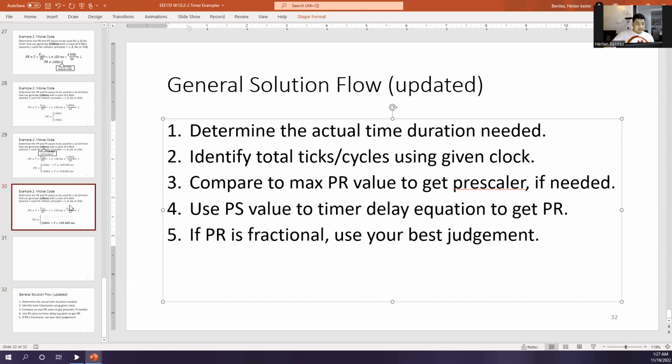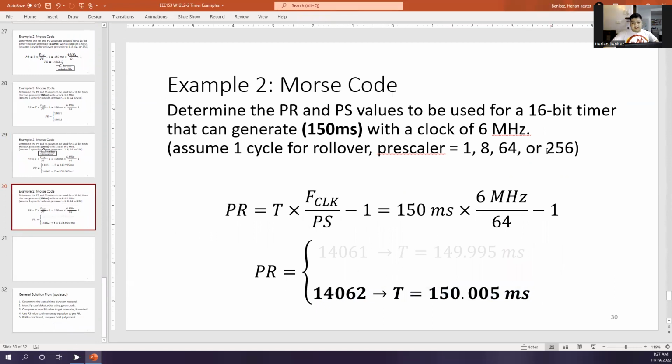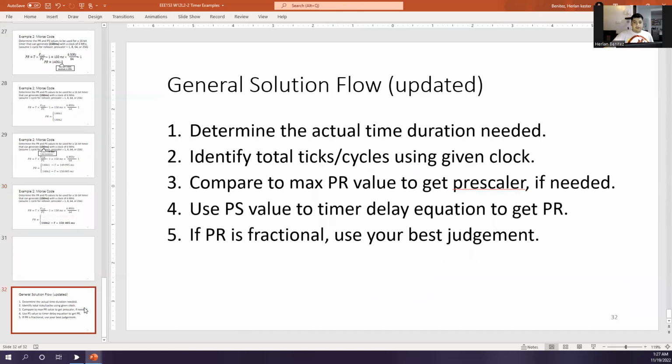Kasi kahit gamitin mo yung prescaler na 256, hindi mo pa rin siya masasakto kasi mas less precise ang 256 sa 64. So, wala tayong choice. Hindi tayo pwedeng maging super exact. So, we just have to play it safe. And check natin ano ba talaga yung nire-require sa atin if we want to go over or under.